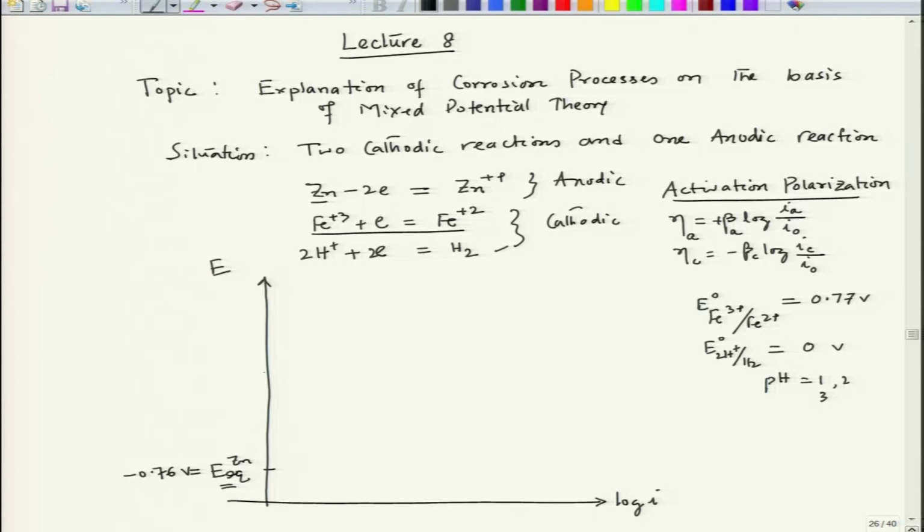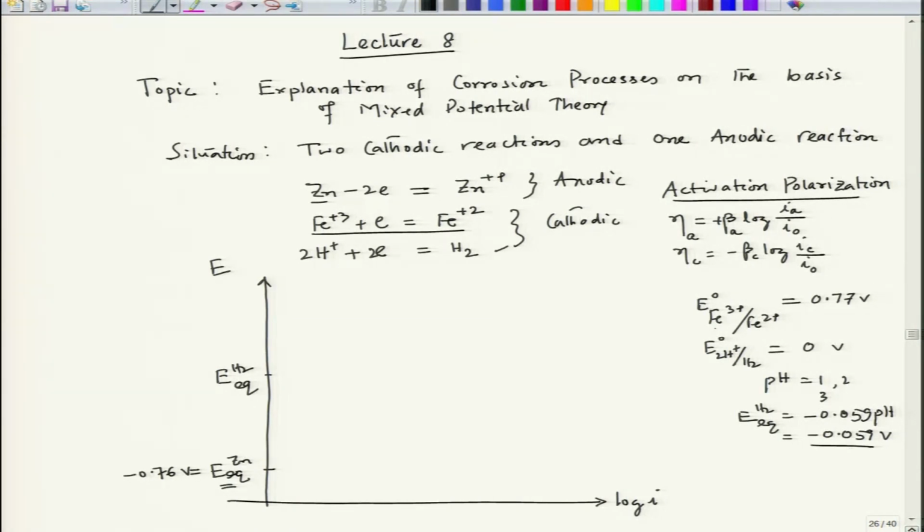So, let us say E hydrogen equilibrium, depending on pH, would be equal to minus 0.059 pH. If I consider pH to be 1, then it should be minus 0.059 volt. Depending on the pH, that equilibrium potential would vary.